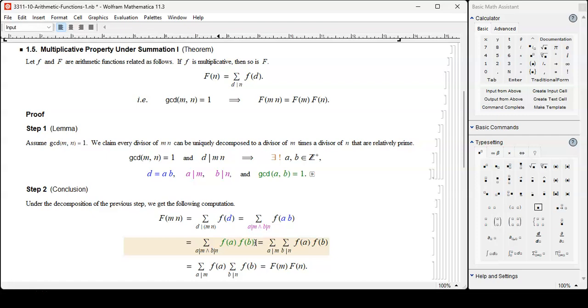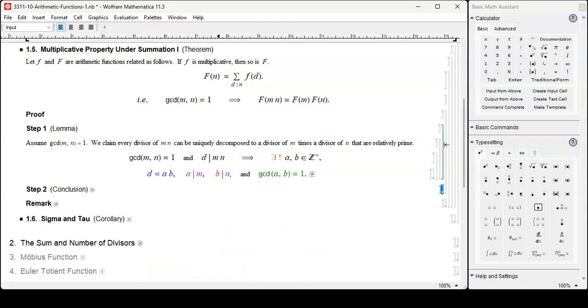So the lemma applies to this colored part. After that, it's just a general property of the summation: associativity, commutativity and distributivity of real number arithmetic. That completes the proof of this theorem.